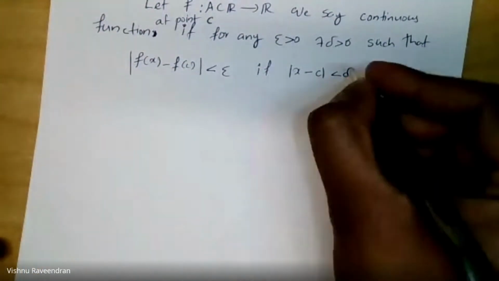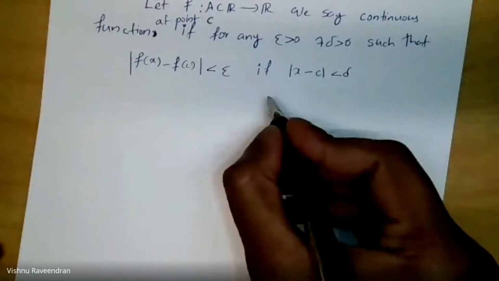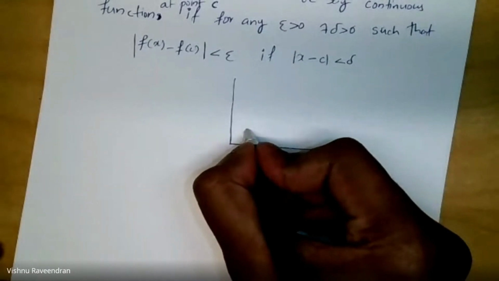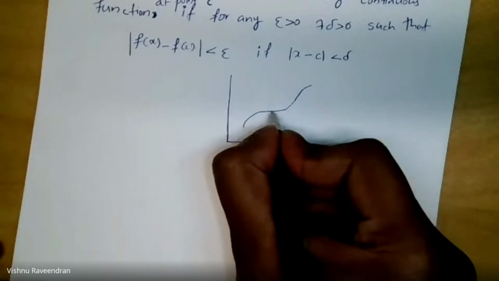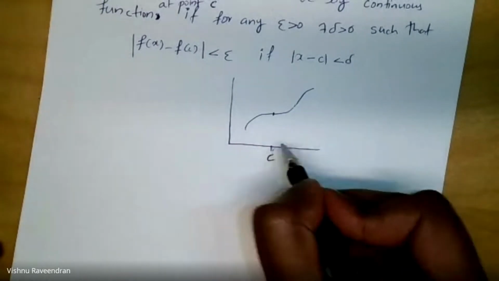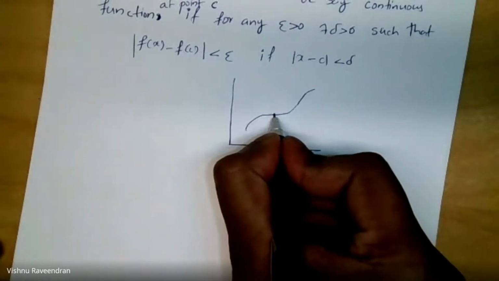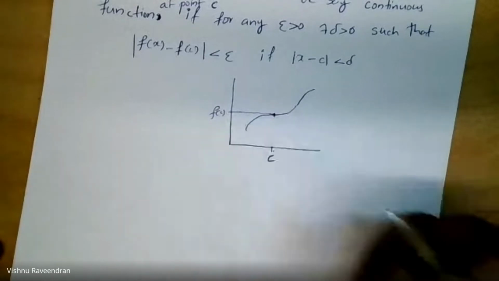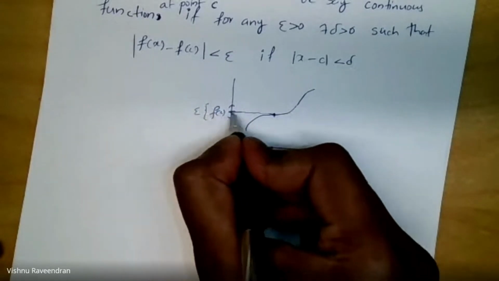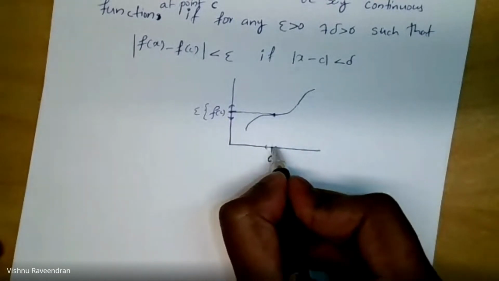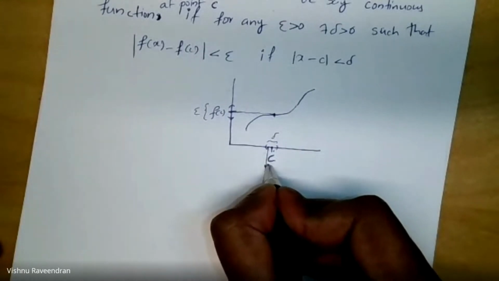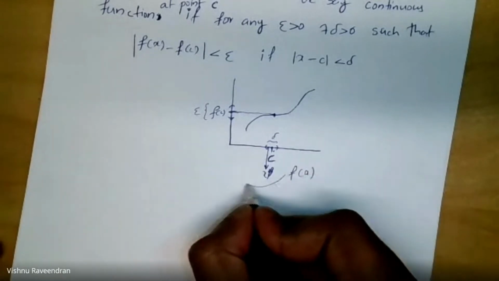One way to understand this idea is, for example, if you have a function like this, and this is your point C, and we say this function is continuous at point C, then what it means geometrically is that if you take the point f(c), which will be here somewhere, and take any epsilon neighborhood around f(c), you can always find a delta neighborhood around the point C such that if you take any x from here inside this delta, then f(x) will lie in this interval.